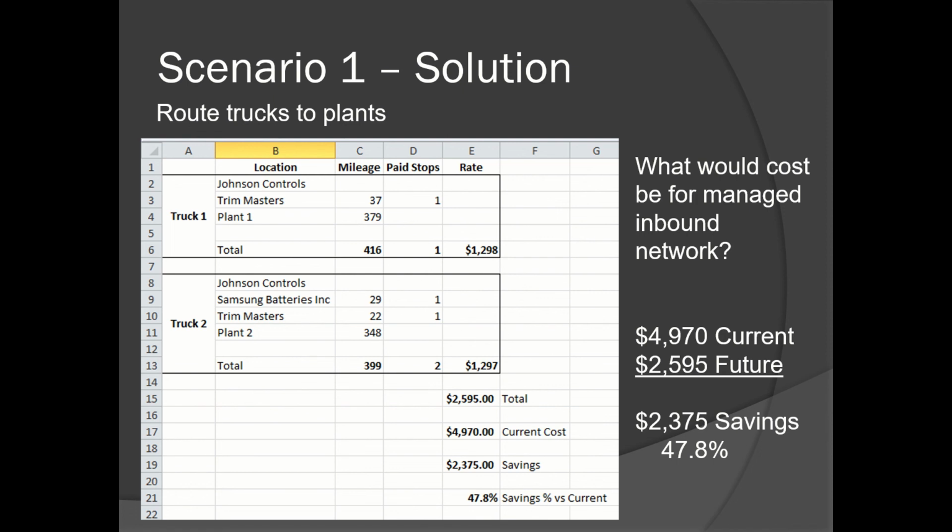So you start stringing a few of those together, and suddenly you're talking about double-digit cost savings on your inbound transportation network, right? So all you did was switch it from the suppliers being in charge of when to ship it to you being in charge and managing the shipping process, right? And I'll explain the difference to that in just 1 second.